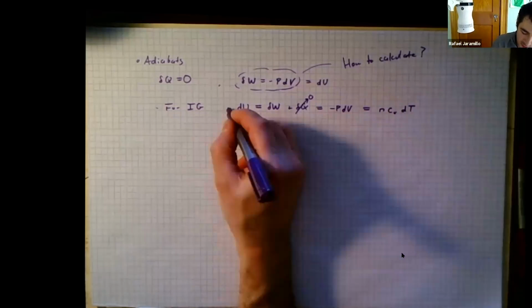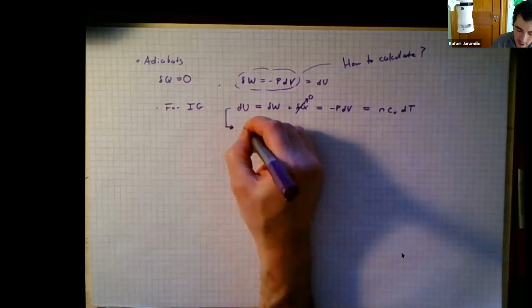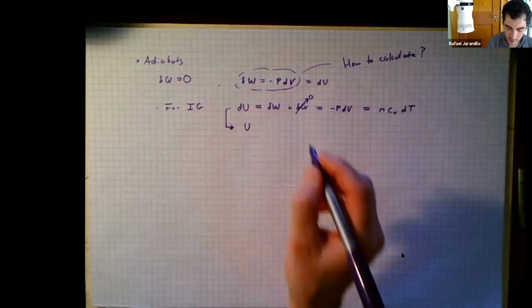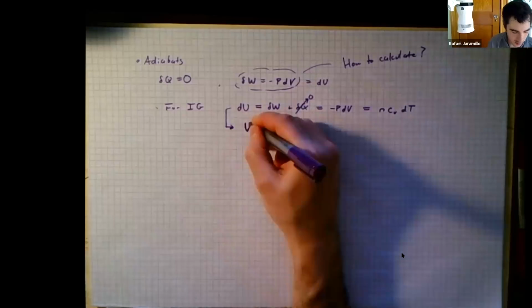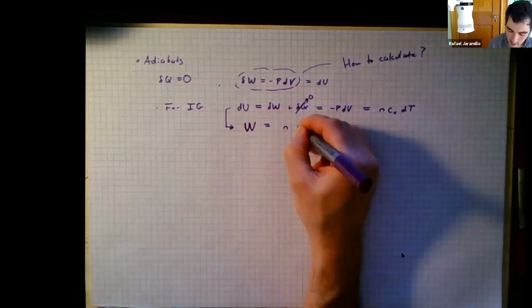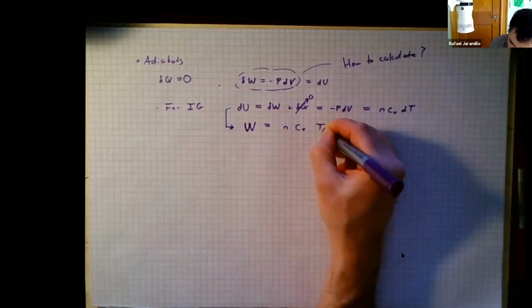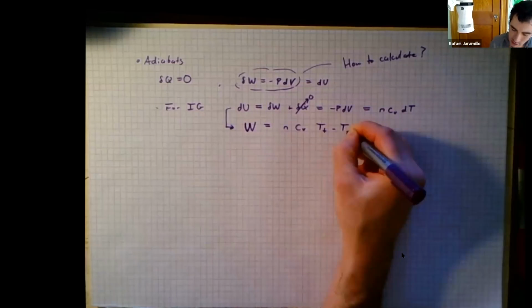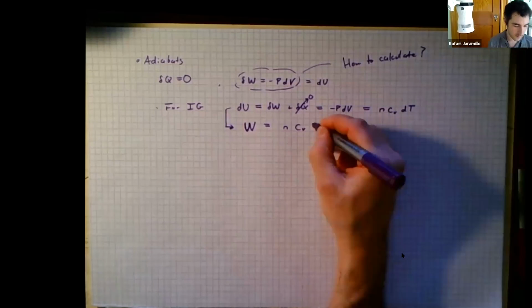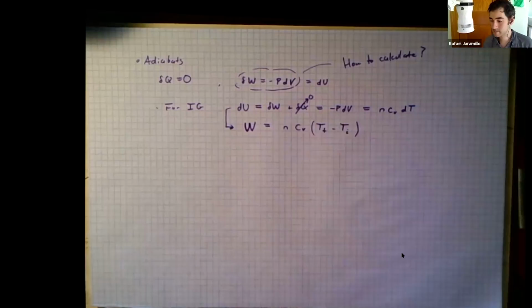So with single variable calculus, we can easily integrate that. Sorry, work equals n C_V times T final minus T initial. So that becomes simple for an ideal gas.